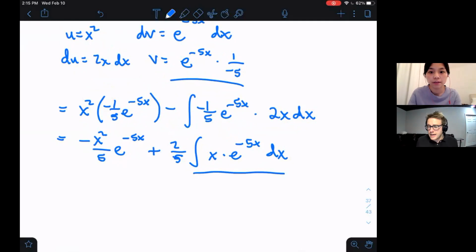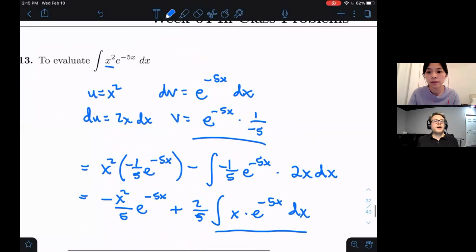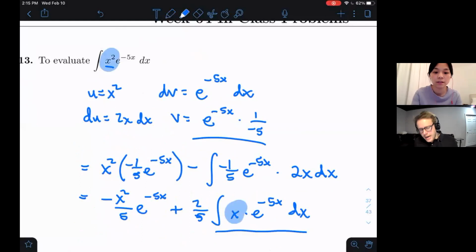Because if it's not simpler, then maybe we should try something else. And so when we look here, before we had an x squared, and now we have an x. So even though I can't solve this as it sits, it is simpler than it was before. And I have high hopes. Actually, if I do another integration by parts, I know that the derivative of x is 1.